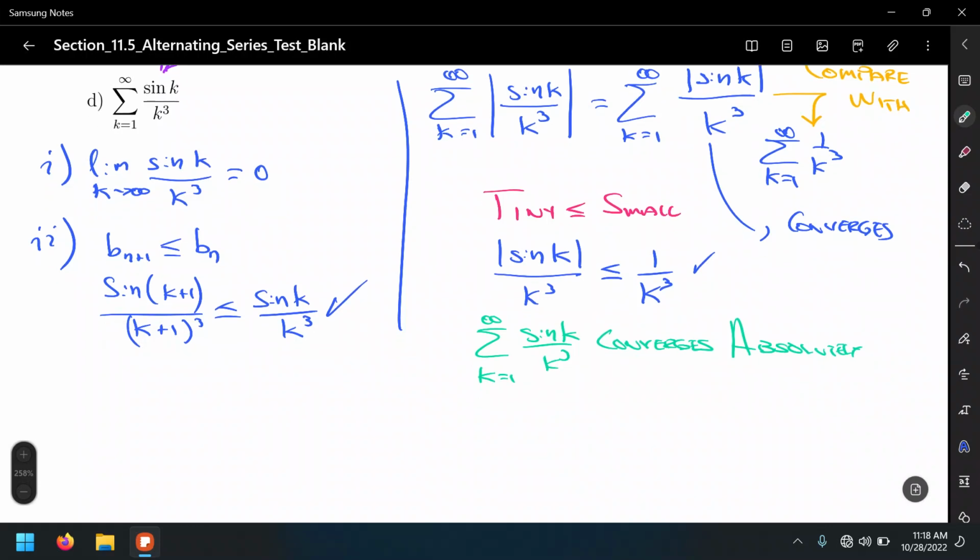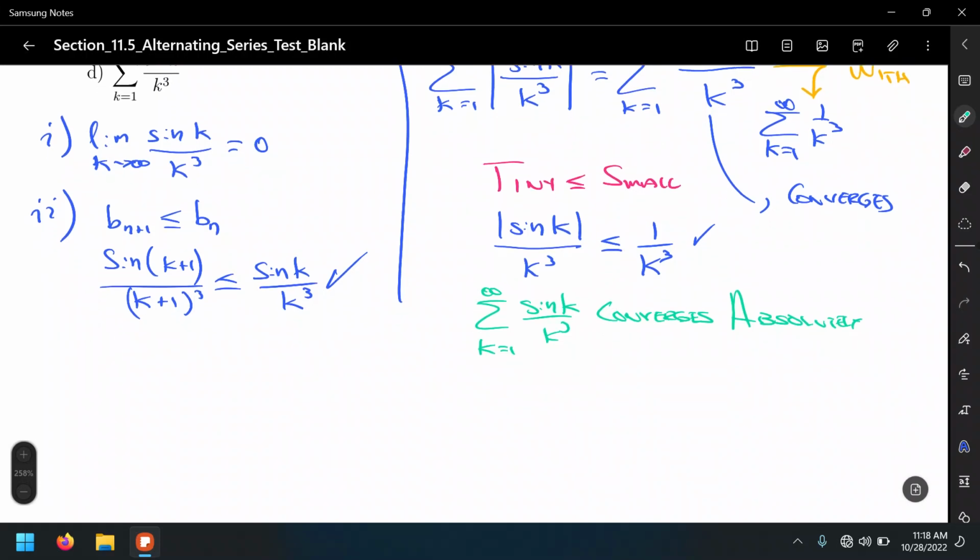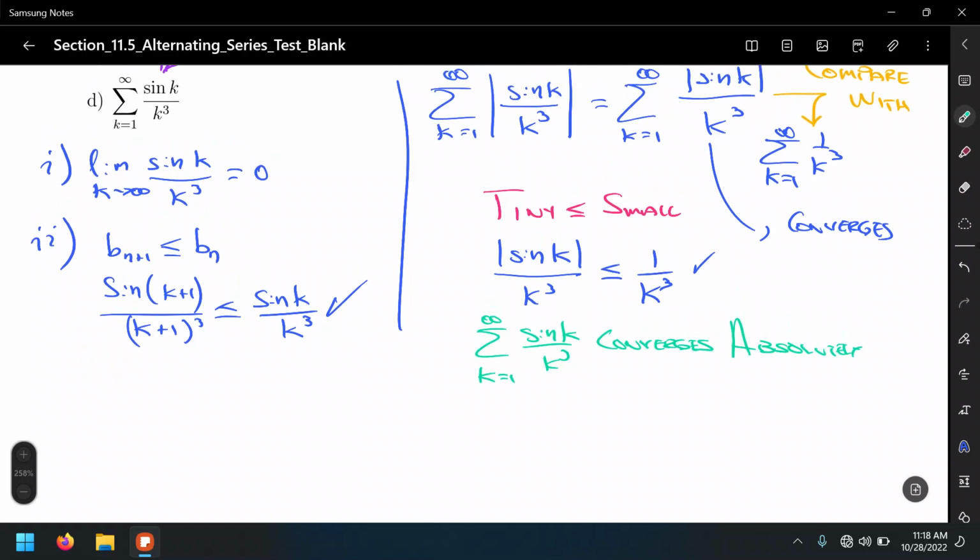What if instead of using the direct comparison test, we use the limit comparison test? All right, I'm going to do both ways so you can see the difference. I mean, we're going to use the same series to compare with. Recall that whether we use direct comparison or limit comparison, we compare with the same series.